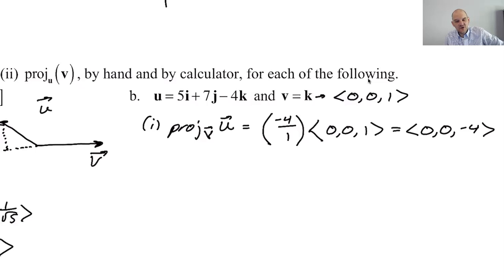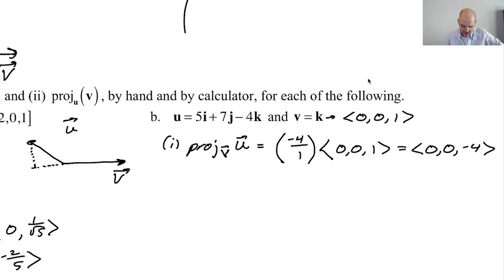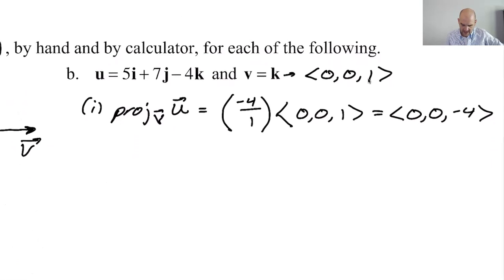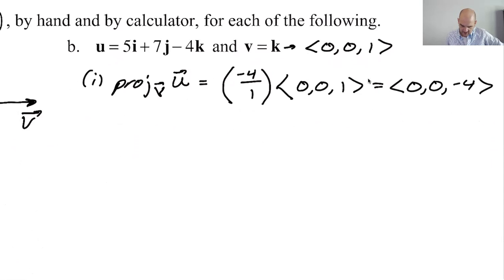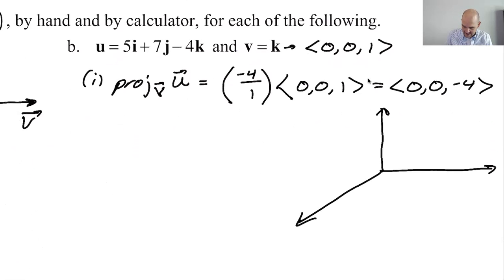Is there any way that we could have figured that out? I think we could have, but it's kind of hard to show on paper. Essentially, the vector v is just k, so it determines the z-axis, right?